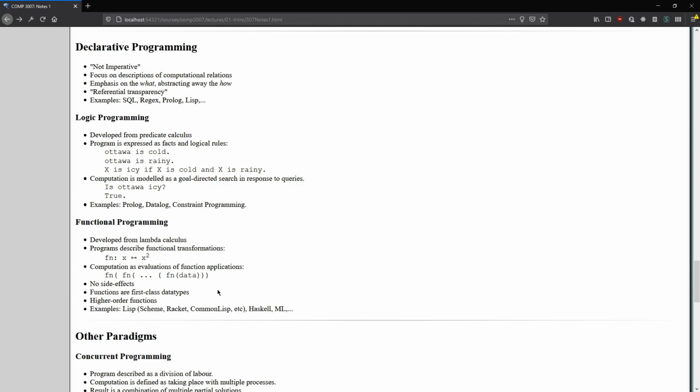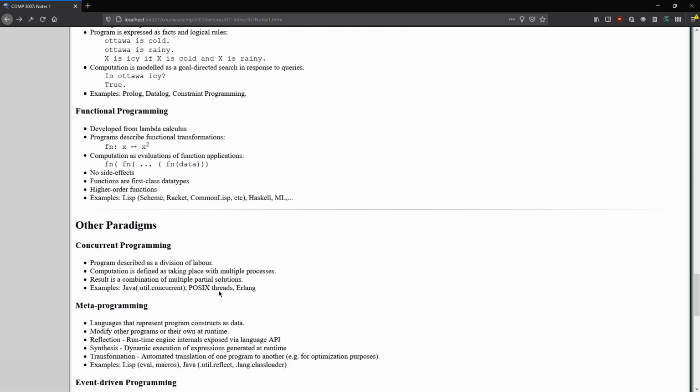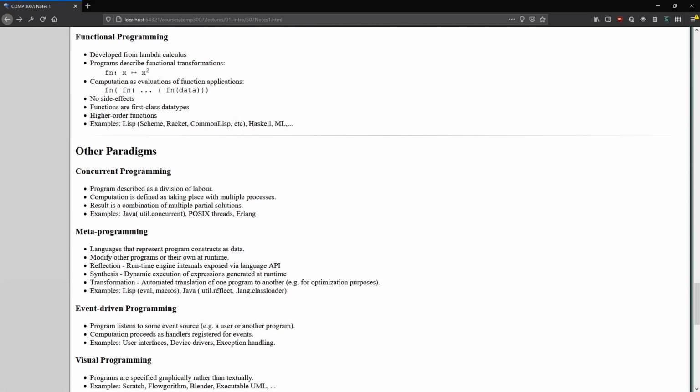All right, so some other paradigms here. Concurrent programming is one paradigm, and this paradigm is a focus on the division of labor and simultaneous processing, or concurrent processing. So for example, GPU processing with NVIDIA's CUDA platform would be considered a concurrent programming language. Now, the benefit of concurrent programming is that if we have some clever division of labor, we can improve the scalability of our designs.